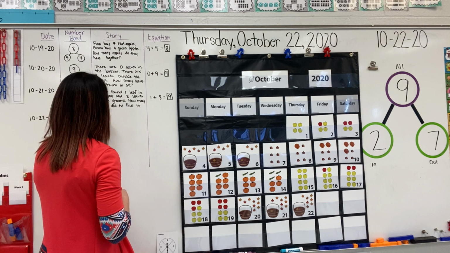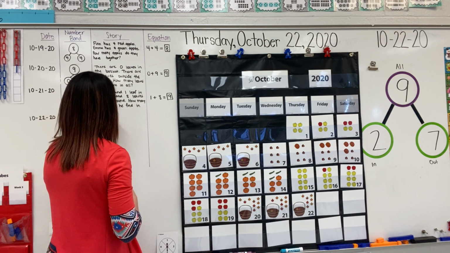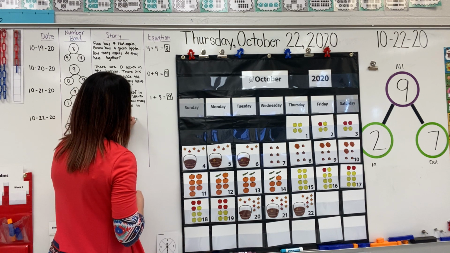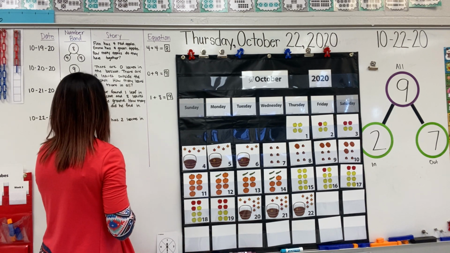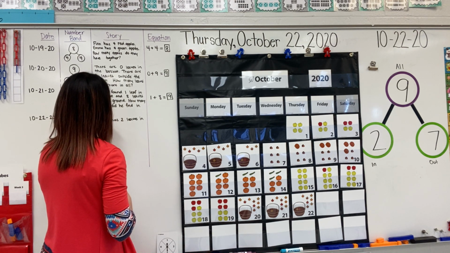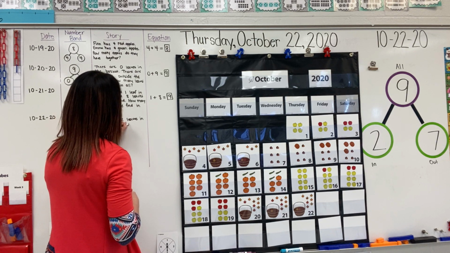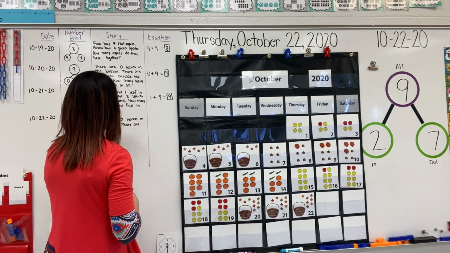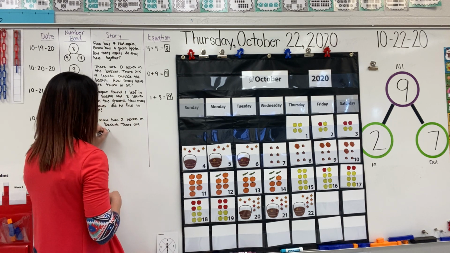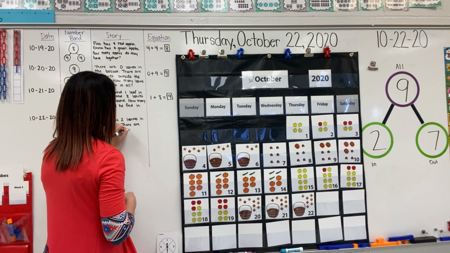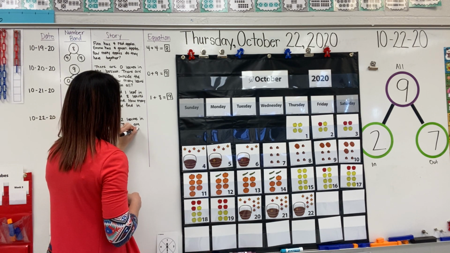Emma has 2 leaves in a basket. There are 7 leaves outside the basket.